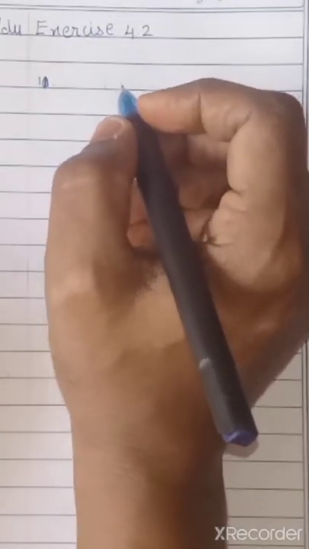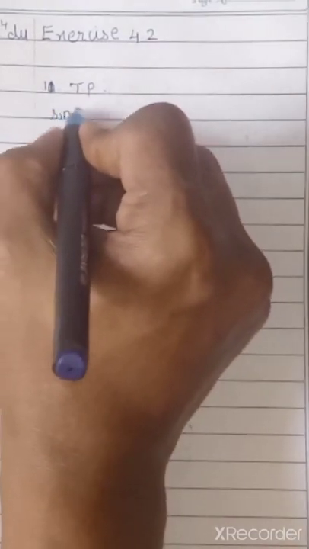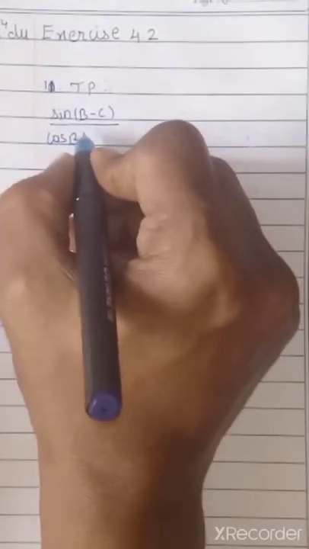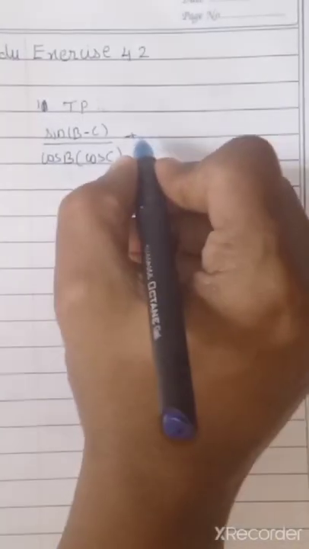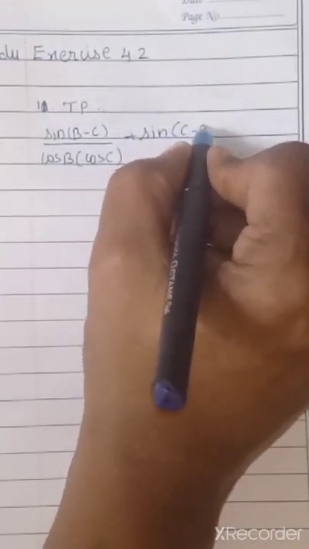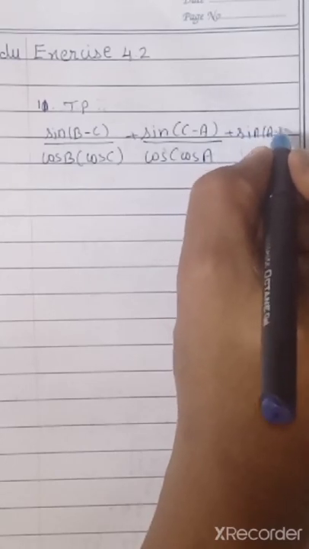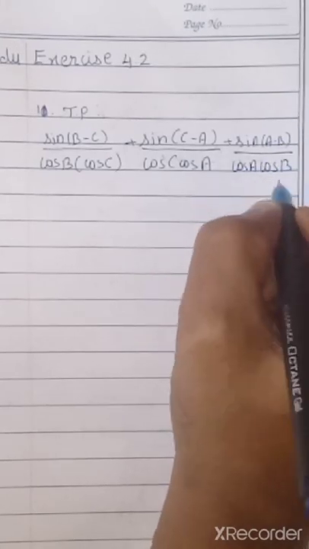We want to prove that sin(B-C) by cos B cos C plus sin(C-A) by cos C cos A plus sin(A-B) by cos A cos B is equal to 0.